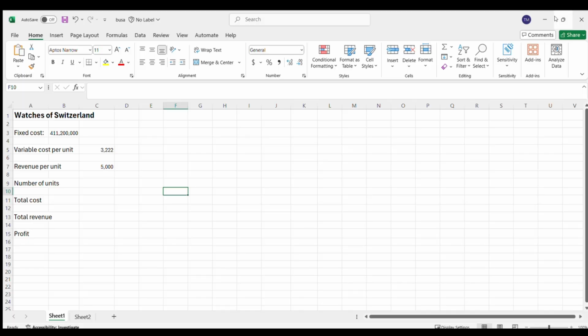I already put all the cost information on this spreadsheet. Now let's try to calculate the profit.